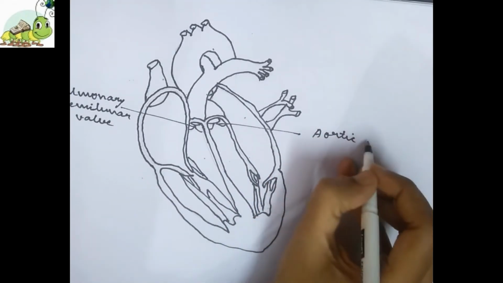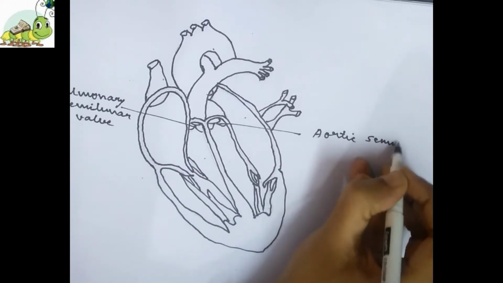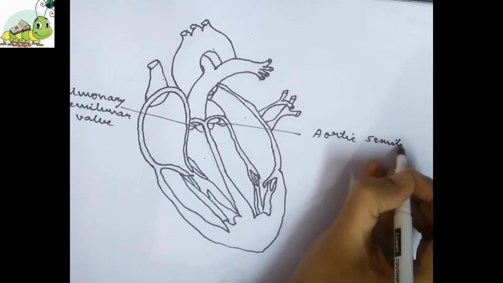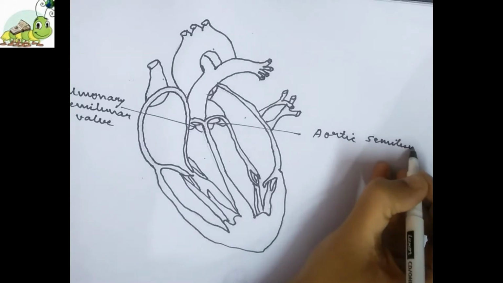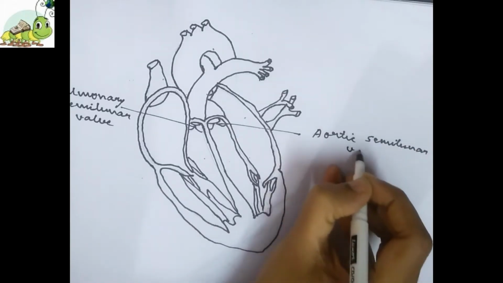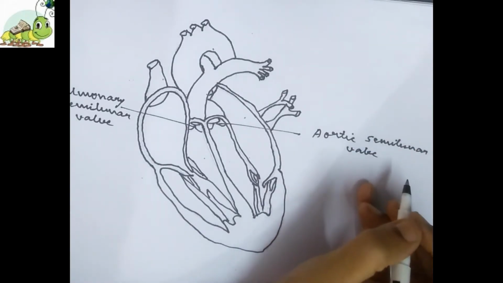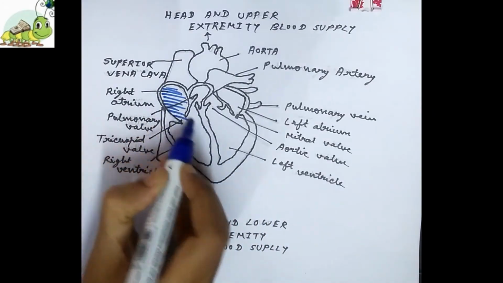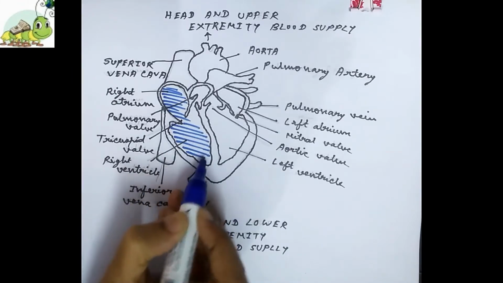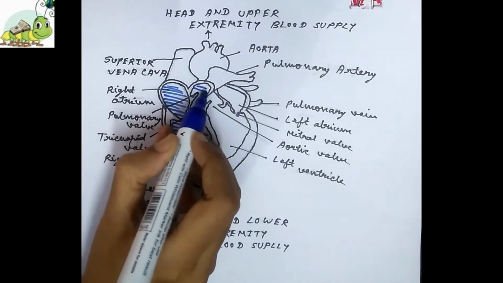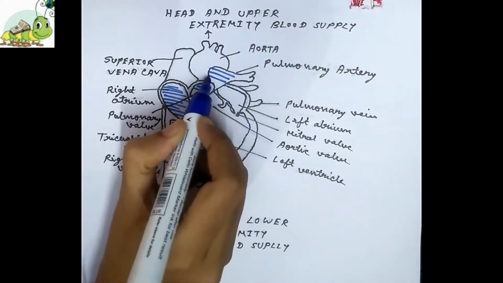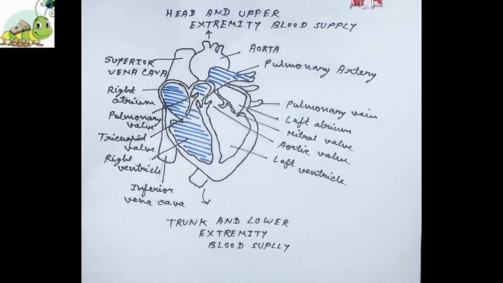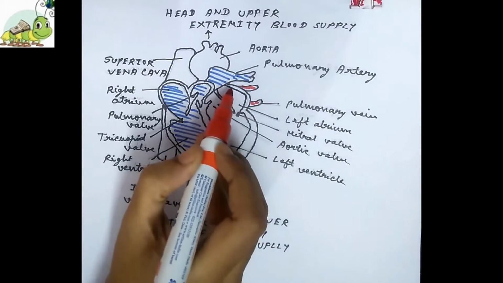The pulmonary valve is located between the right ventricle and the pulmonary trunk, the pulmonary orifice. The valve consists of 3 cusps, left, right and anterior, named by their position in the foetus before the heart undergoes rotation. Next, the aortic valve is located between the left ventricle and the ascending aorta, the aortic orifice.